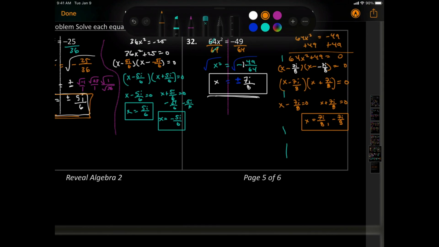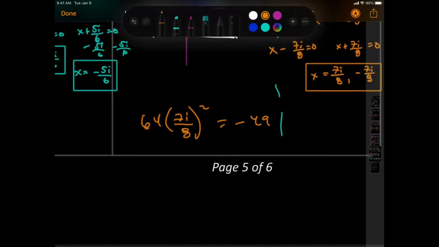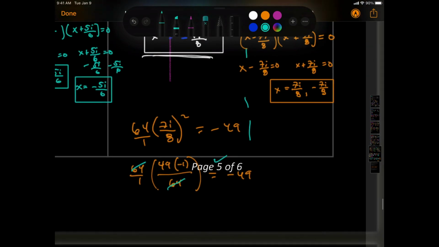Let's just do this one. 64 times 7i over 8 squared, does that equal negative 49? 64 over 1, 7 squared is 49, i squared is negative 1, and this is 64. So 64 divided by 64 is 1, so you multiply that and get negative 49.